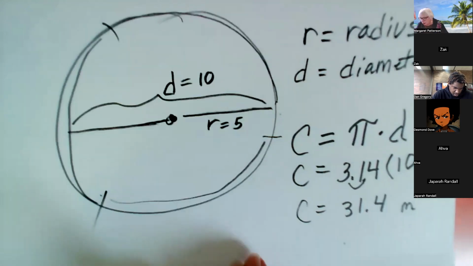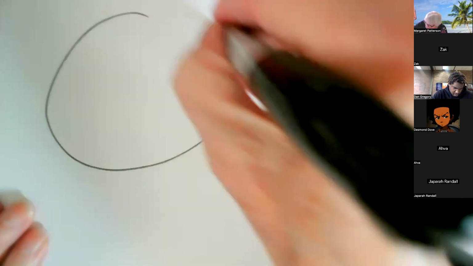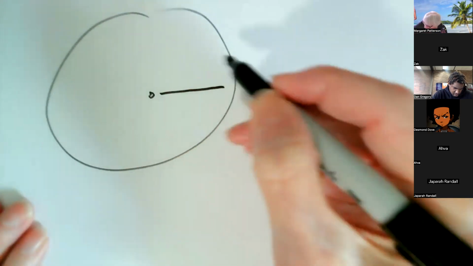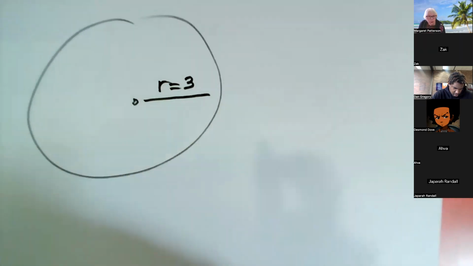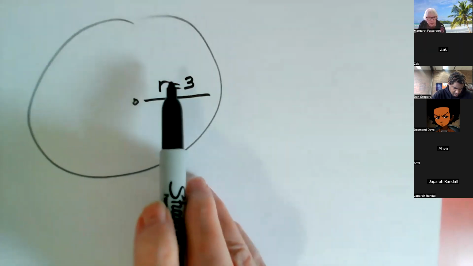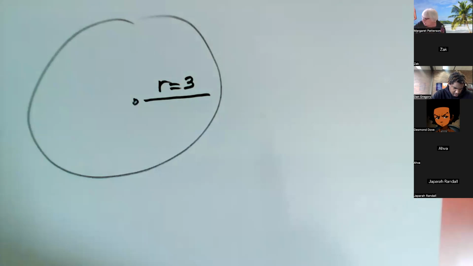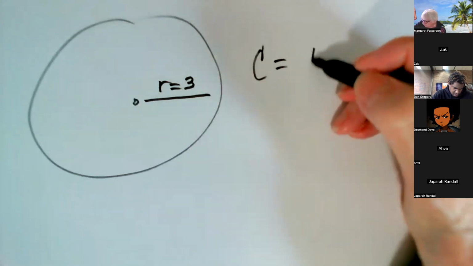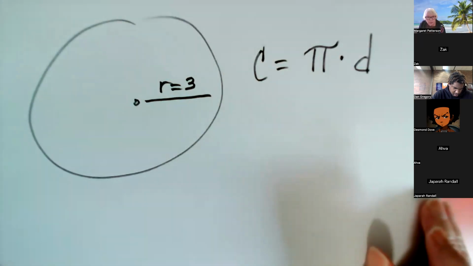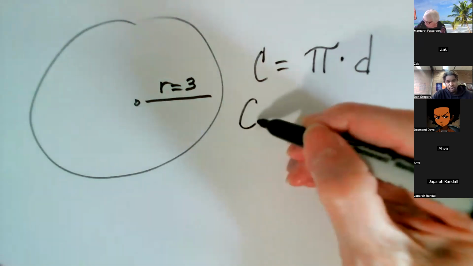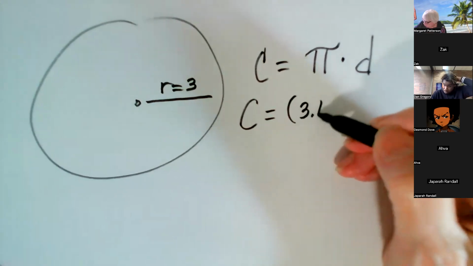So if for some reason they gave you this picture and they marked it as 3, and maybe they were nice enough to say that's the radius, maybe not. If you use that formula, the one that I just gave you, you would put 3.14 first.